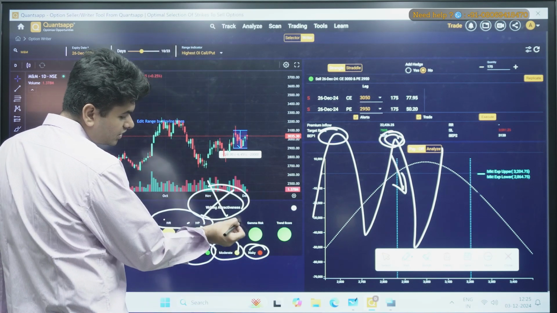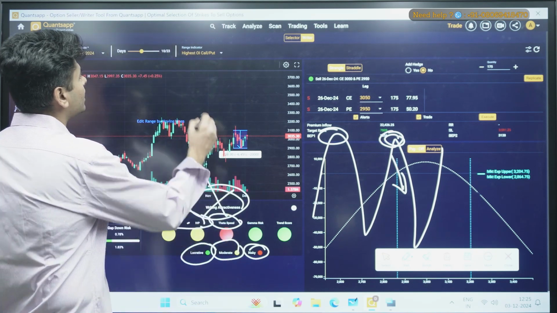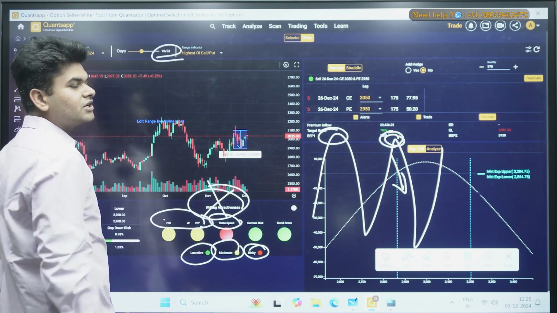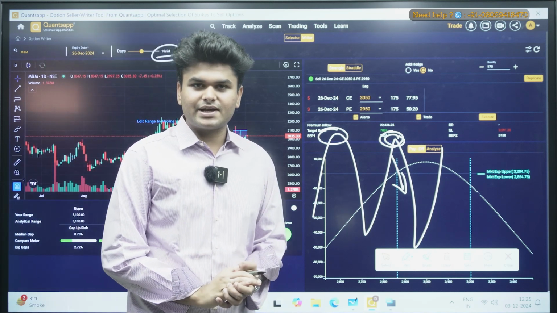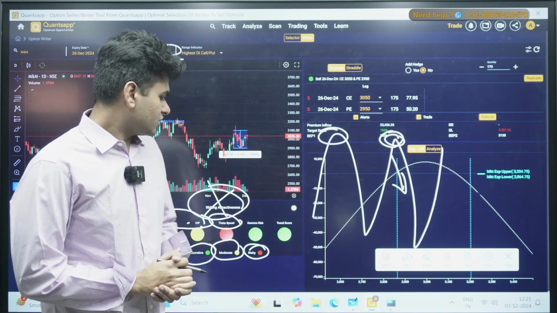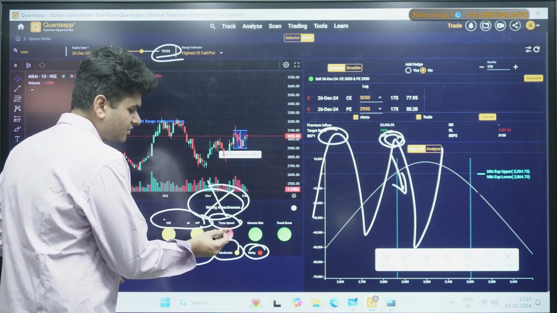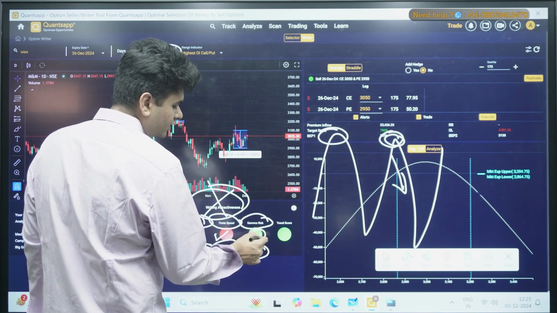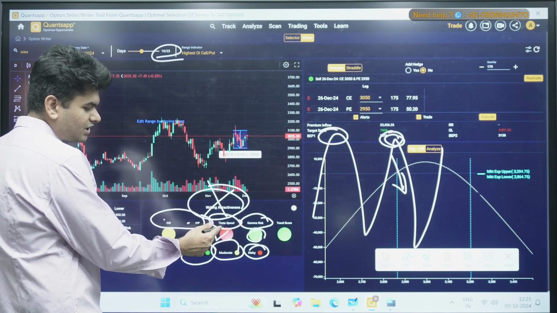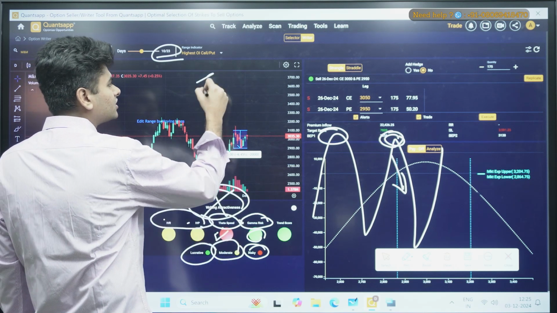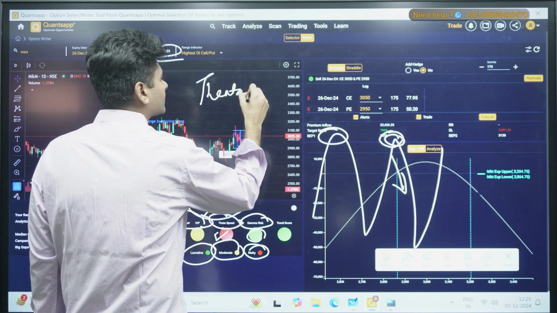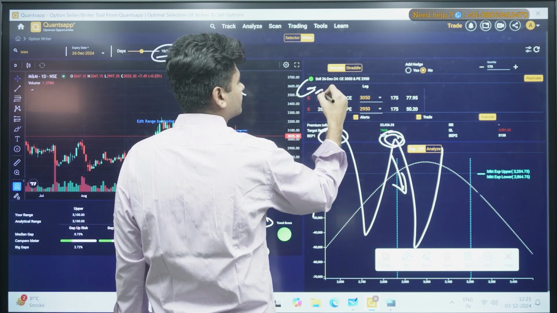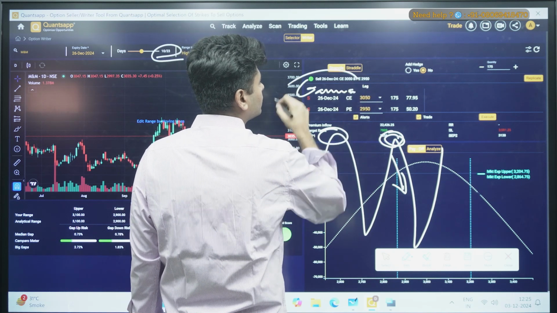Again, now we're talking about theta speed. We are in the initial half of the month, so theta decay will be very less because the month has just started. So theta decay is showing you that it is risky because theta decay will be less. Again, you can see gamma risk is in your favor. Whenever we are seeing theta speed and gamma risk, they both are inverse.